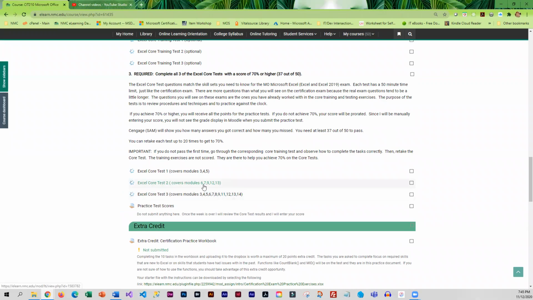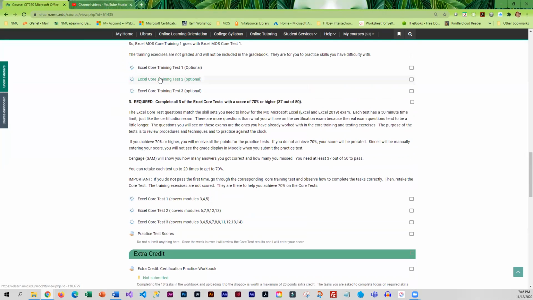So I did include the different modules, okay, which is important because if you look at your grades and your scores, if there was one that you struggled with, that's when I would come up here and go through the training, okay, because the training chapters are the same, okay, so you can pick which one and then just go through it and make sure you know how to do it, okay.